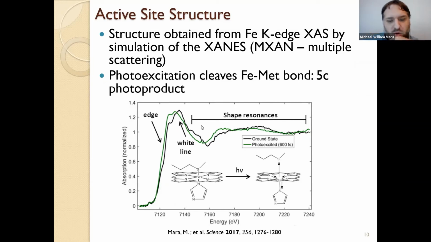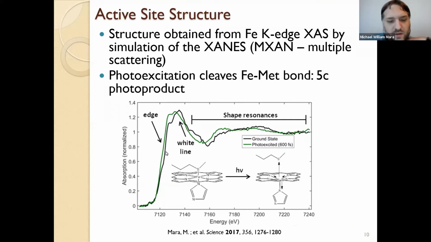What we have up here are the ground state iron K-edge, measured at about 120 to 140 eV past the rising edge. Ground state shown in black, and in this case, we probed at 600 femtoseconds, which is shown in green. 600 femtoseconds is chosen simply because that's where the maximum difference signal in the transient absorption is observed.